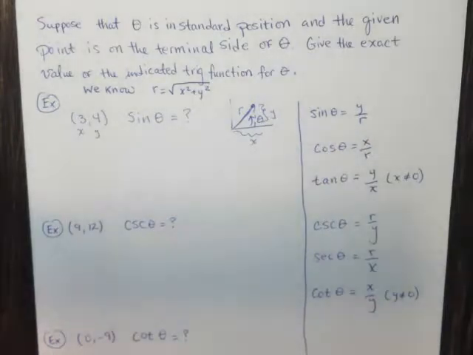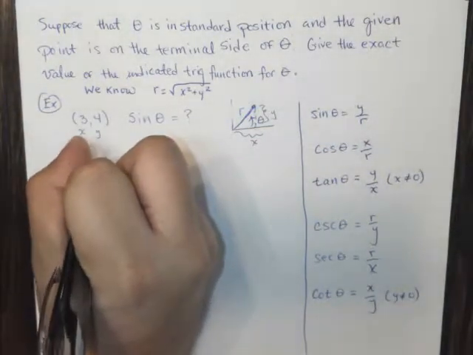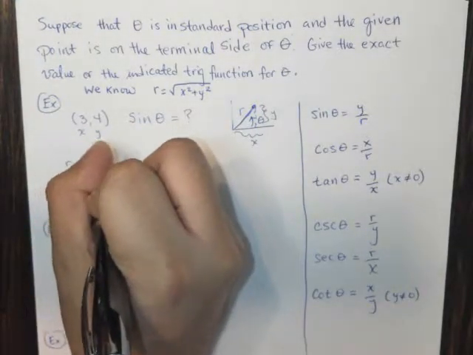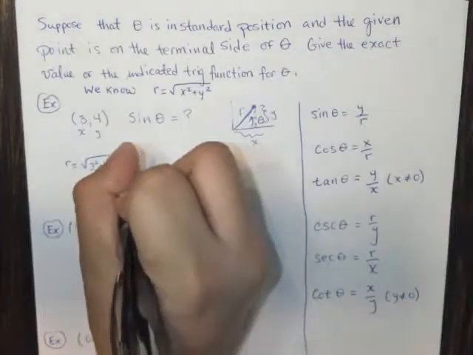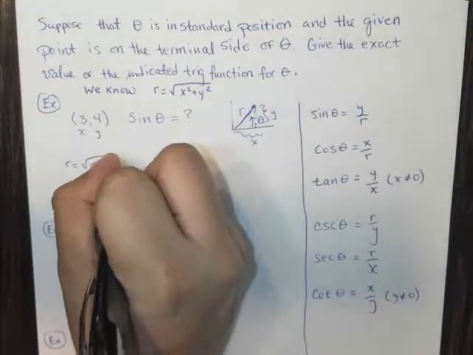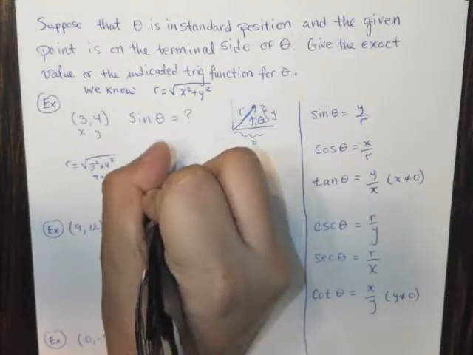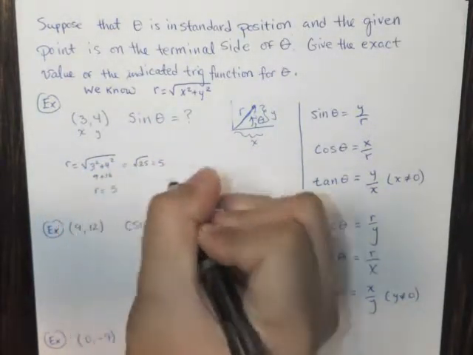Okay, so let's take a look then. Here's x, here's y. So I'm going to say r then is going to be the square root of 3 squared plus 4 squared. And this right here we know to be 9 and 16. So this is 9, this is 16, and we're going to add them. So the square root of 25, which is 5. So in this case, r equals 5.